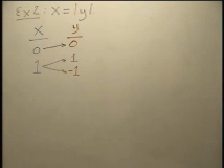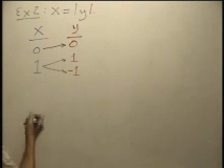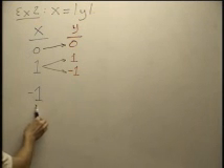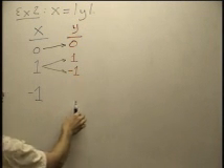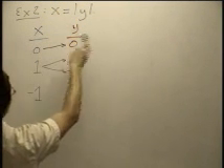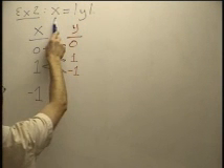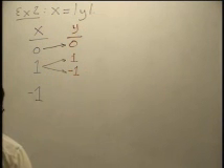Another thing to notice about this example is that the domain is not all real numbers. Notice, if I try to pair a negative 1 in the domain with something in the range, it's not going to work because there is no number I can take the absolute value of to get a negative 1 here.